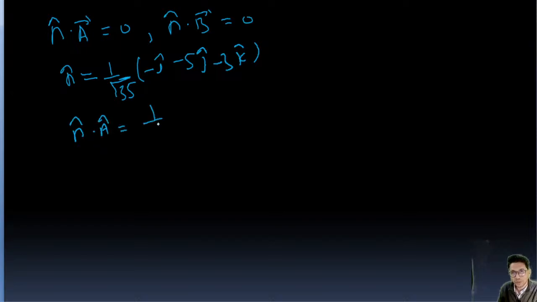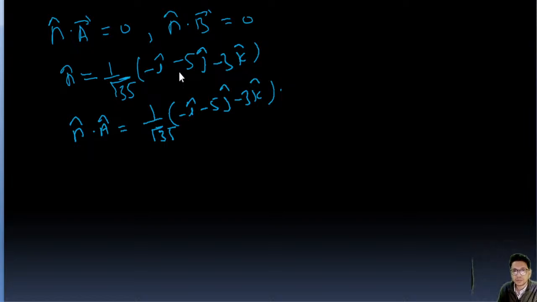This is going to be 1 upon root 35 into minus I cap minus 5 j cap minus 3 k cap dot a vector. What is a?